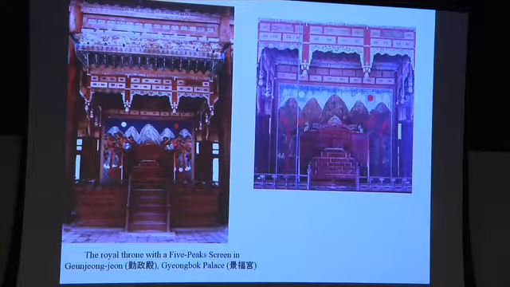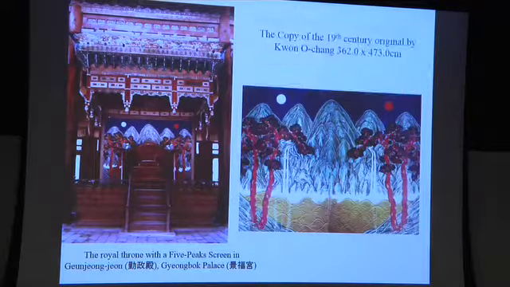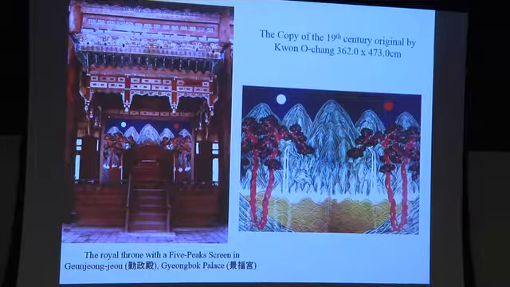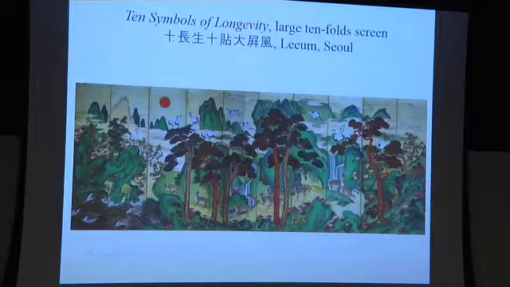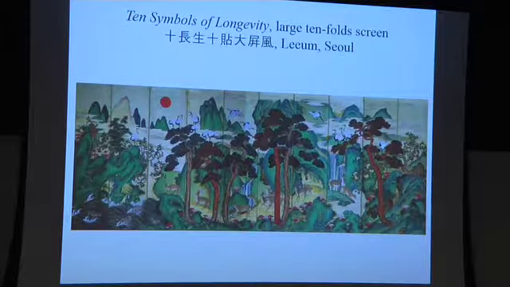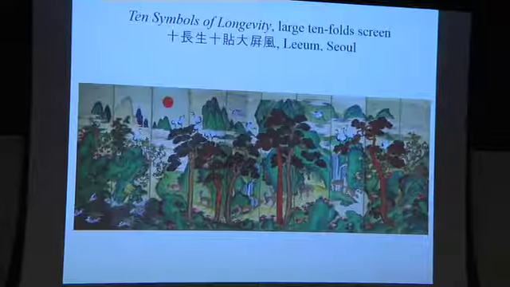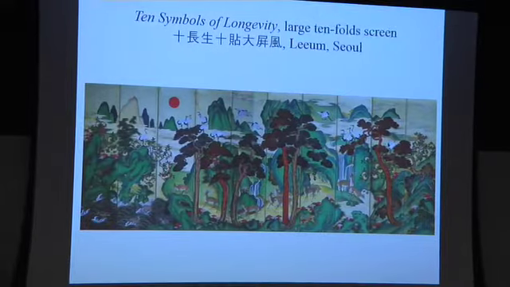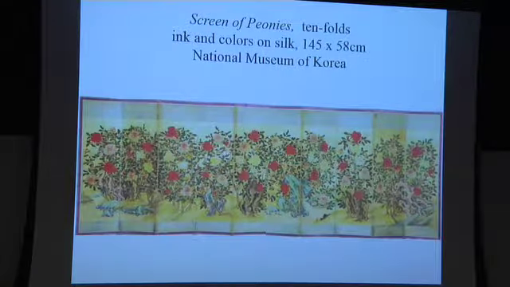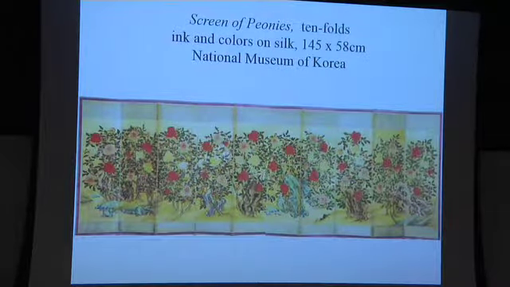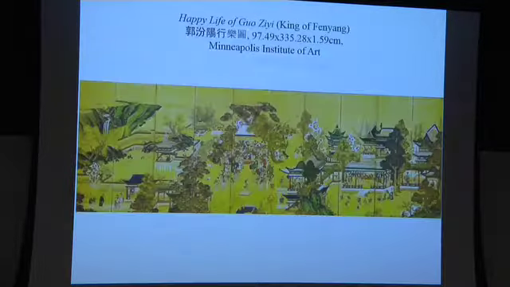So I found so many documents relating to, this is a five-panel screen, and this is the Ten Symbols of Longevity, mostly used for weddings and for banquets. And this peony screen is also for weddings and also for funerals. It's very interesting.